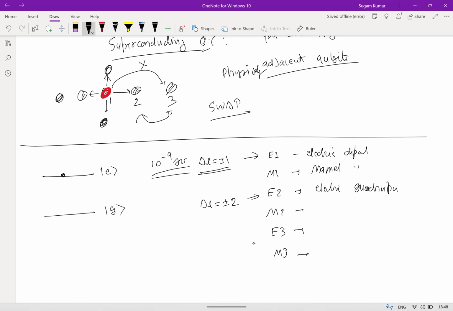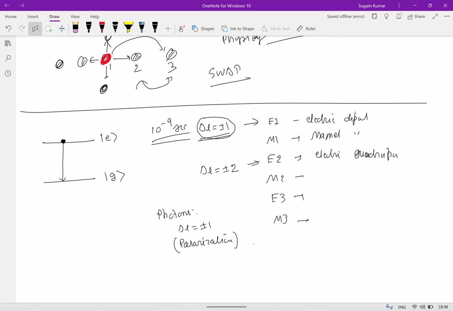try to figure out whether, while making a transition to the ground state, there is a possibility of changing delta L by plus minus 1. Remember, photons always carry delta L plus minus 1 because of the polarization. Laporte's rule or something. Exactly, because of polarization. In fact, it is not correct to say it is actually because of the spin polarization.